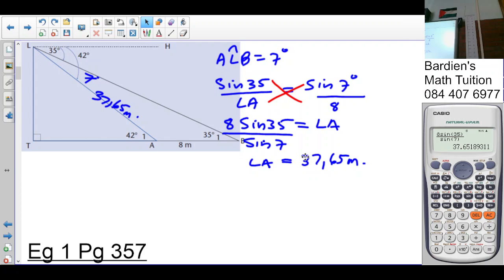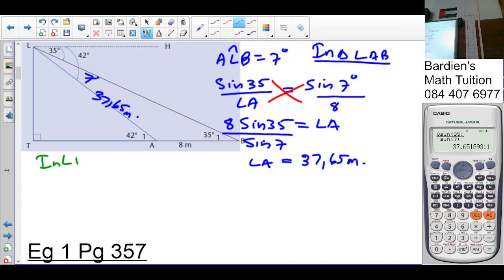What I normally do is I say which triangle I'm working in. So in triangle LTA, what do I say?